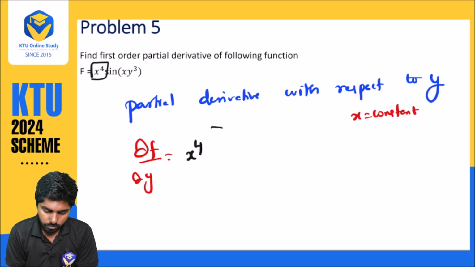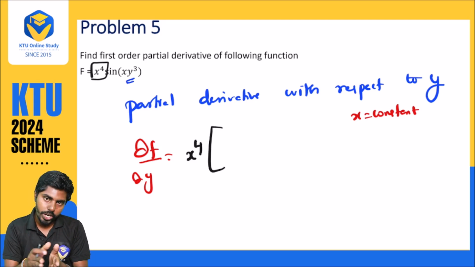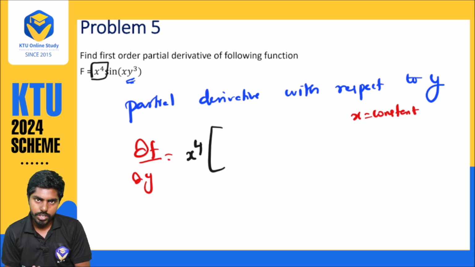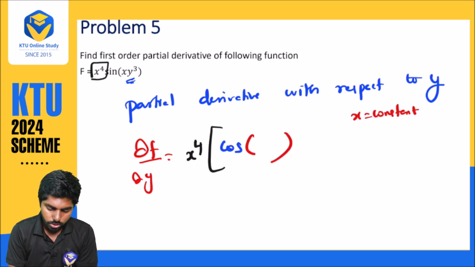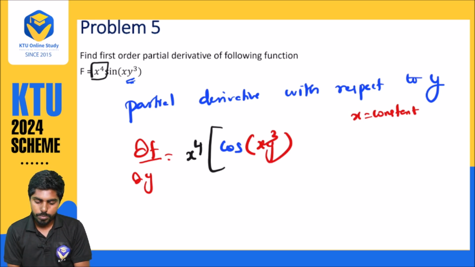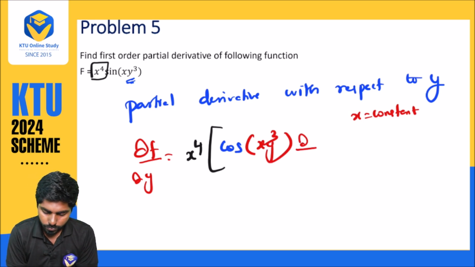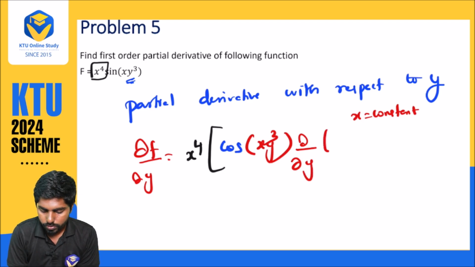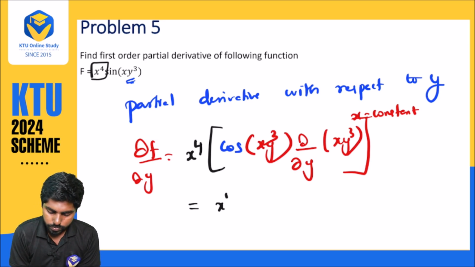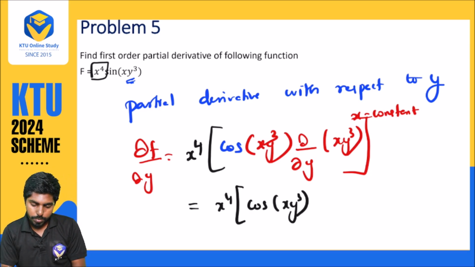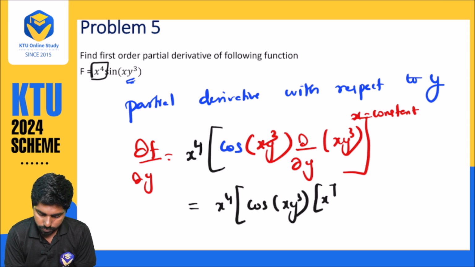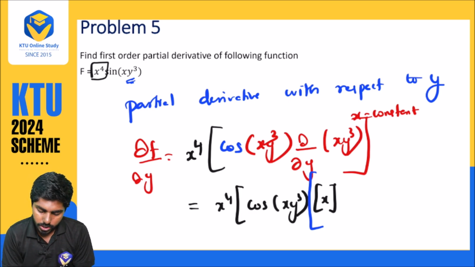Now inside the bracket y is there, so we can do the partial derivative. The partial derivative of sine is cos, with x y cube inside the bracket. Now dou by dou y of x y cube: x is constant, and the derivative of y cube is 3 y square.